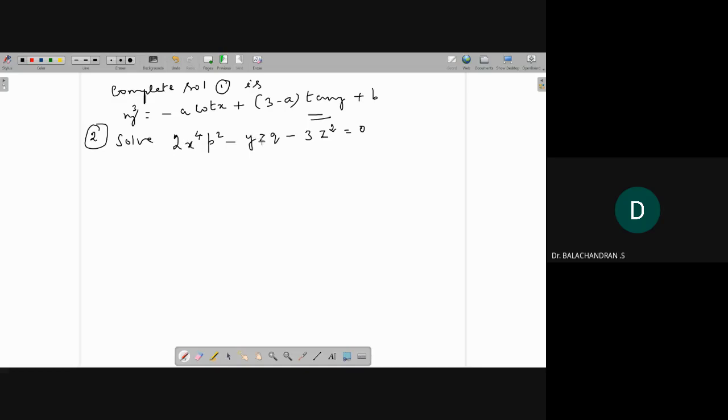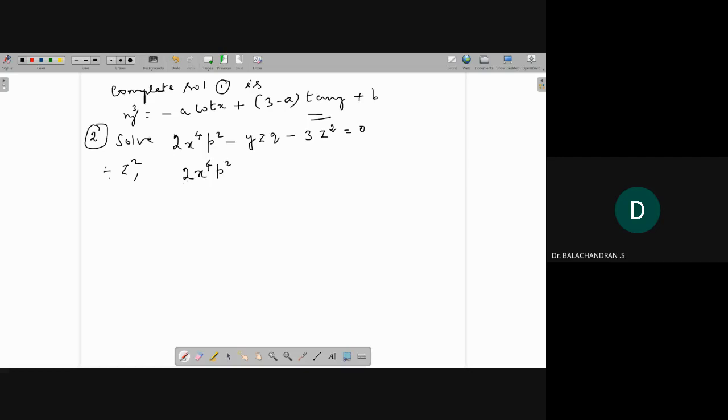So z is with y and q, but there is no z with x and p, so it is better to divide throughout by z square.